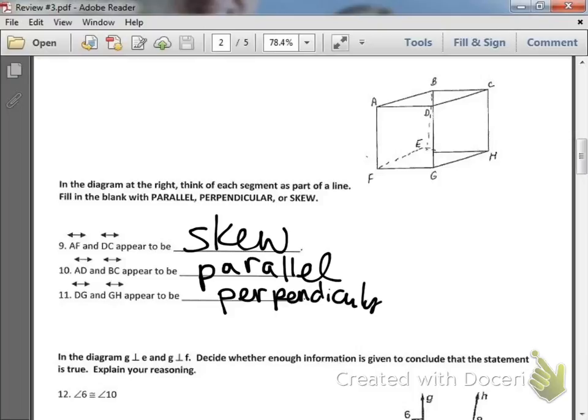I think the easiest way to do this is to highlight the lines that you're talking about and then go from there. If you're unsure what these lines are, look back to the vocab on the first page. They're all defined for you. What are your questions? All right, let's move along.